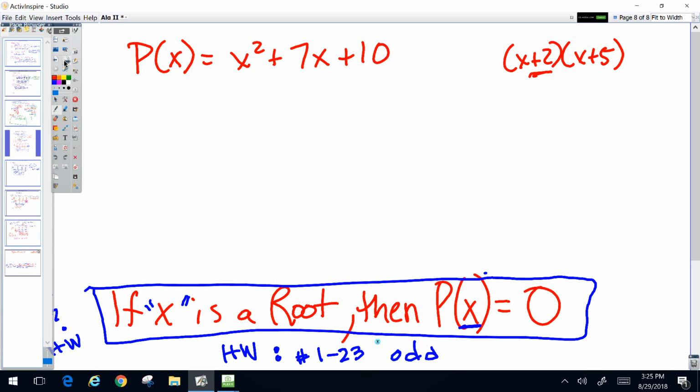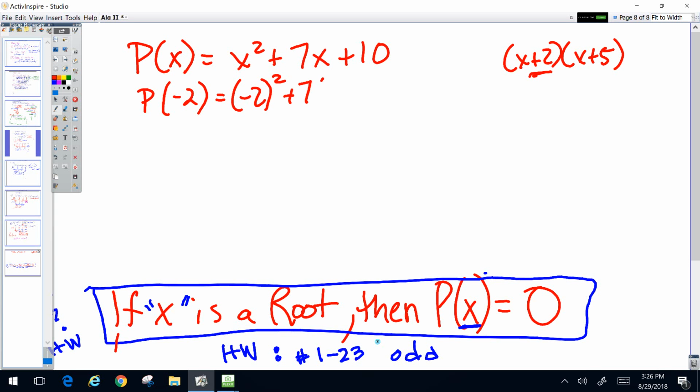A really cool thing happens if you plug in the root into an expression. So if I said this is p of x, just naming it some random function name instead of f of x, and I evaluate this function for what we know is true. I know -2 is a root, don't I? Because I've already factored it. I've already divided it.